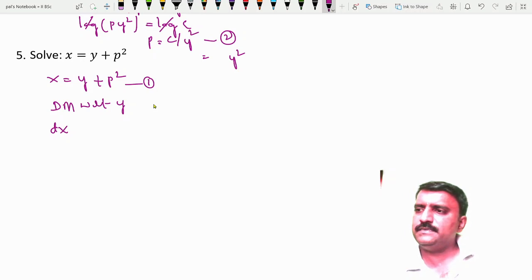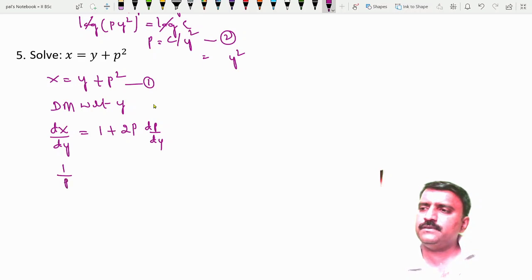So dx by dy is equal to 1, since the differentiation of y with respect to y is 1, plus the differentiation of p square, which is 2p into dp by dy. And as you know, dx by dy is 1 by p, so 1 by p is equal to 1 plus 2p into dp by dy.